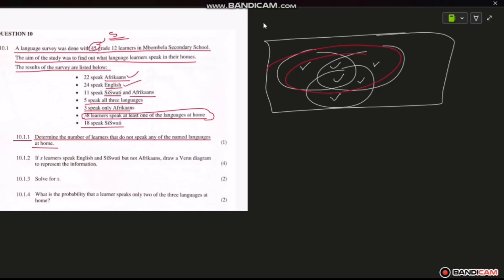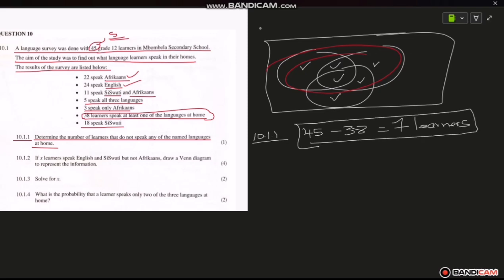It will give us the number of learners that do not speak any of the languages, minus those who speak at least one. So it's 45 minus 38, which is going to be 7. So that's our answer, 7 learners. I hope it makes sense. The total number minus at least one.